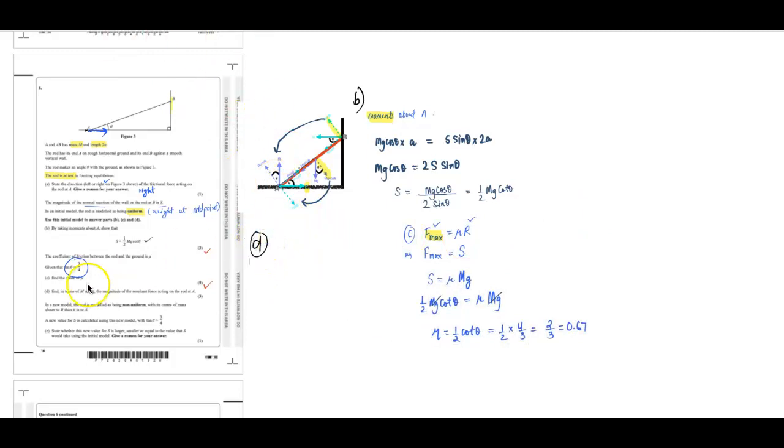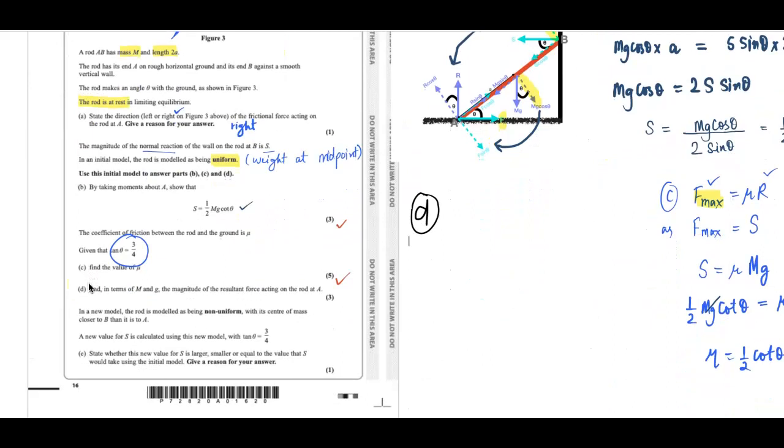Okay, let's go through the question again. What is it asking us? It is asking about the resultant force at A. So where A is, this particular point. For this point, if you have to find out the resultant force, let's focus on these two forces, R and F max. So let me draw.